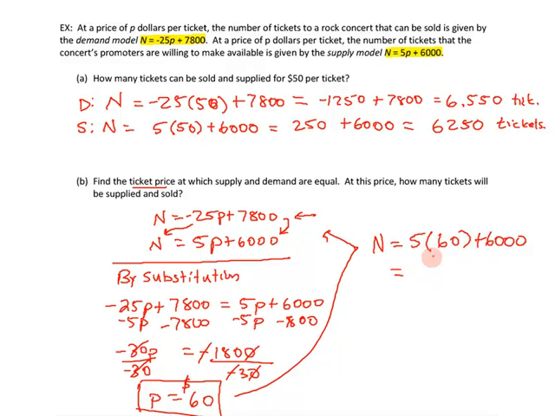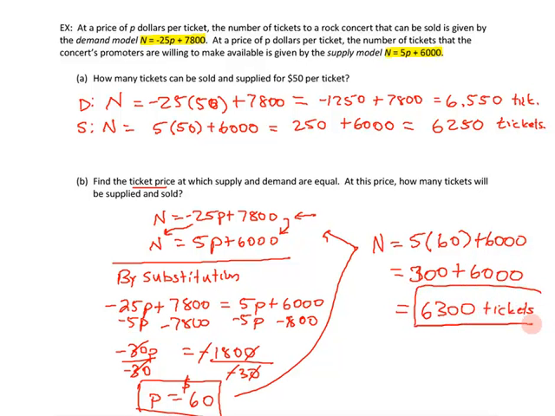Right, that gives me 5 times 60 is 300 plus 6,000, or 6,300 tickets would be sold at that price. All we do is plug the 60 back in. All right? Okay, that's the end of section 3.1.